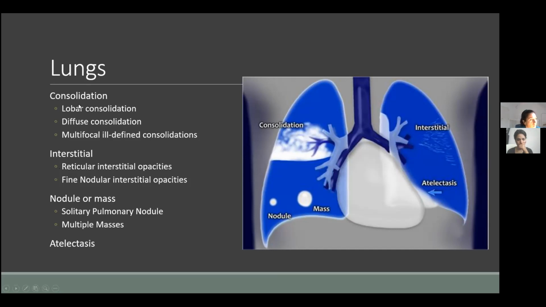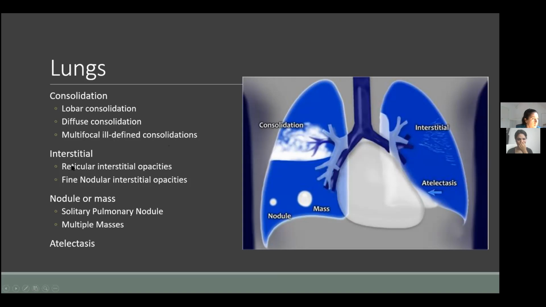subcategorized in different patterns. So in consolidation, you have lobar consolidation, you can have diffuse consolidation, and you have multifocal ill-defined consolidations. I will get back to this later on in the presentation.